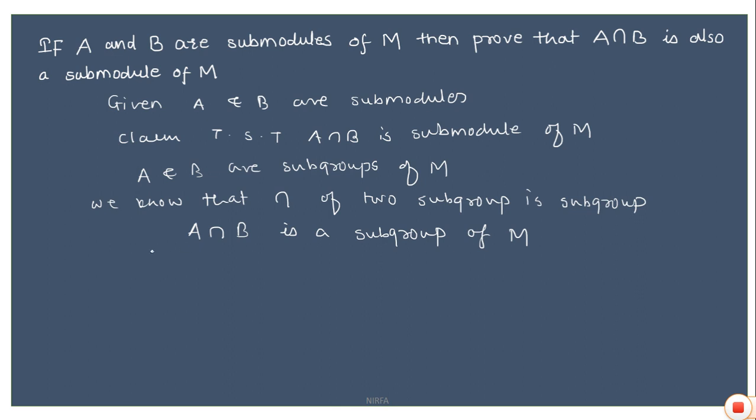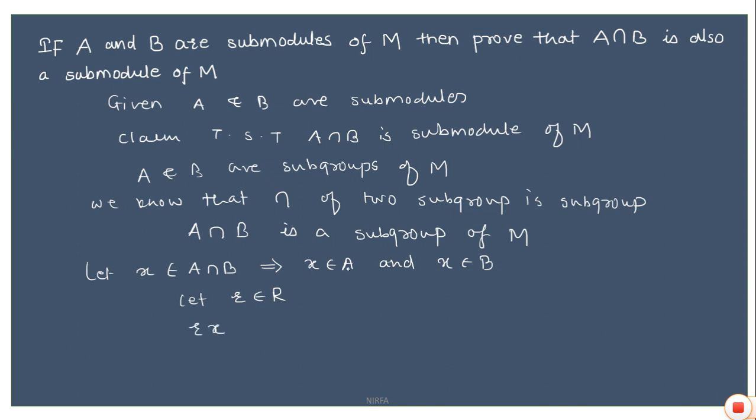Now the only thing remaining is to take one element from the set that we want to become a submodule, that is A intersection B. So let x belong to this. According to the definition of intersection, this x is a common member of A and B. So x belongs to A and x belongs to B. Now take one element from the ring, let r belong to R, and consider the product rx.